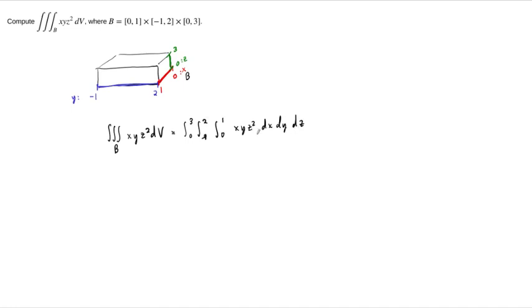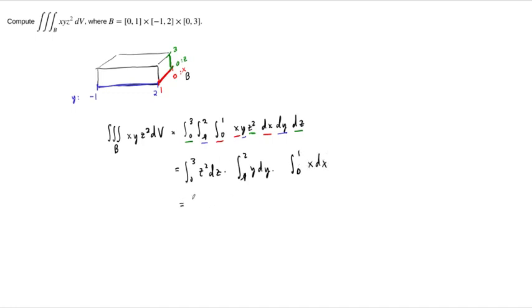And at this point, this integral is what we call separable. So the three components of the integral can be separated, and we can just compute this as the integral from 0 to 3 of z squared dz, times the integral from -1 to 2 of y dy, times the integral from 0 to 1 of x dx.